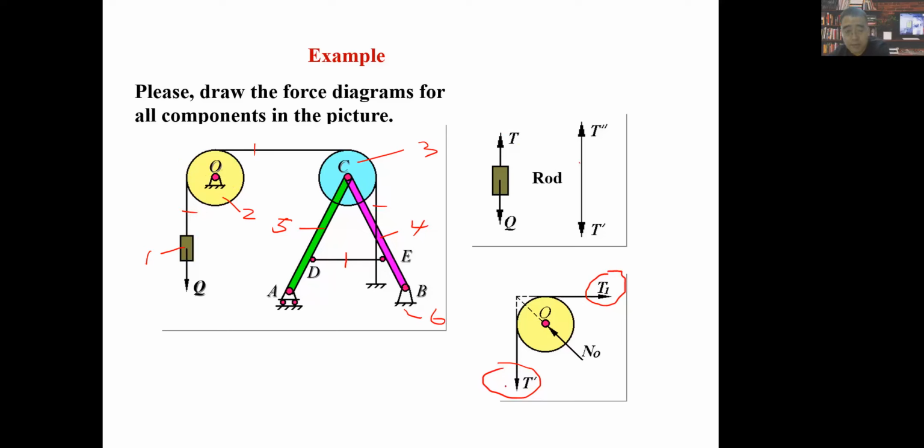Actually, any force has an acting body and an active body. This T prime, we can think this force comes from this body, right? And this T1, we think we cut it off here. Actually, the right part of the system acts on this one. And another one is this. Once again, use the three-force concurrence theorem.